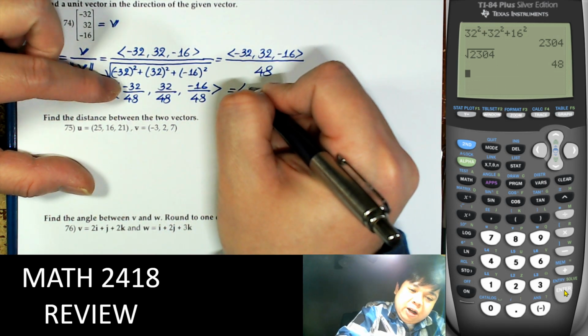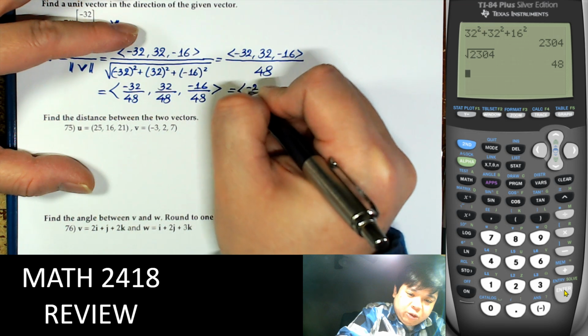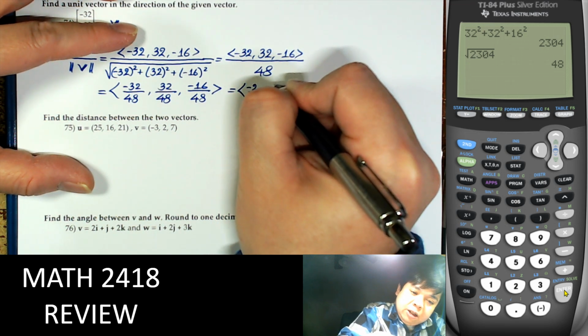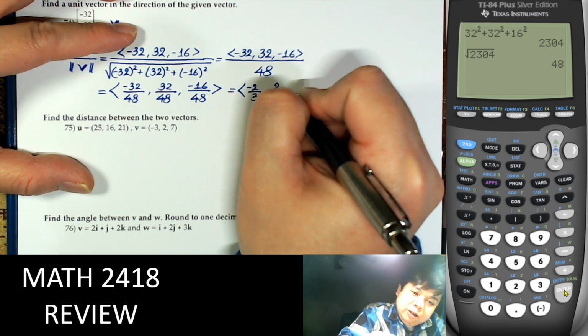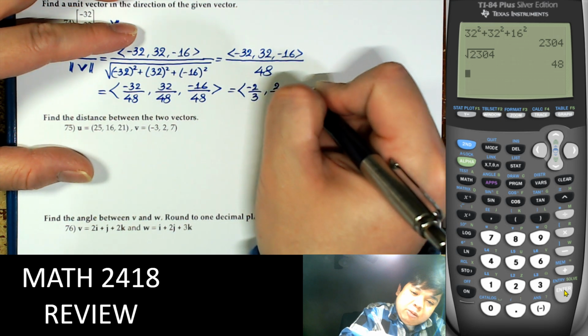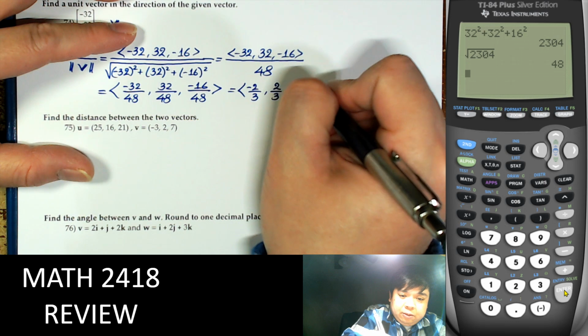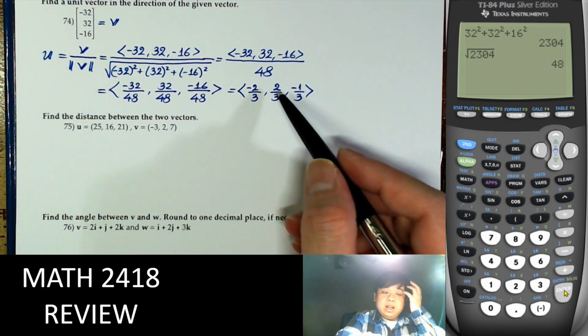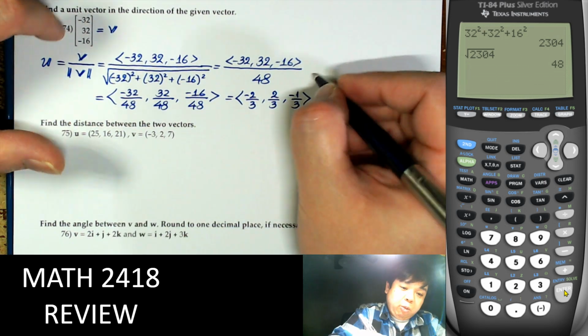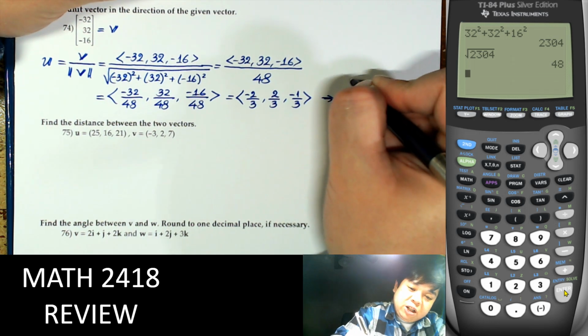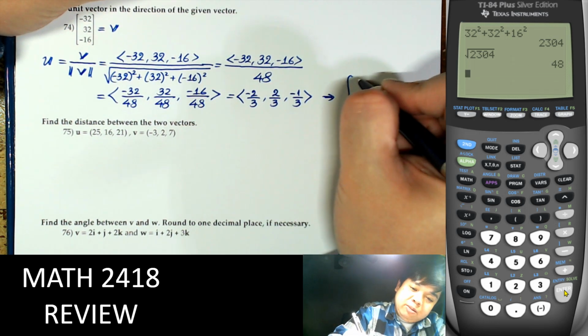So divide by 16: negative 2 over 3, 2 over 3, and negative 1 over 3. Right, so we can write the vector in this form, or if we want to be consistent with this, we can just put them as a column vector.